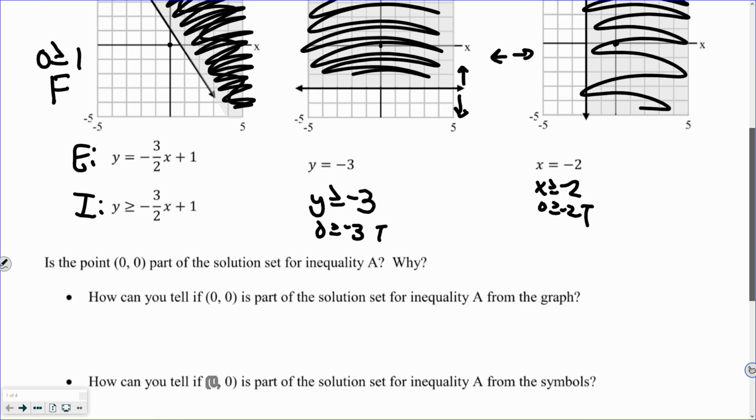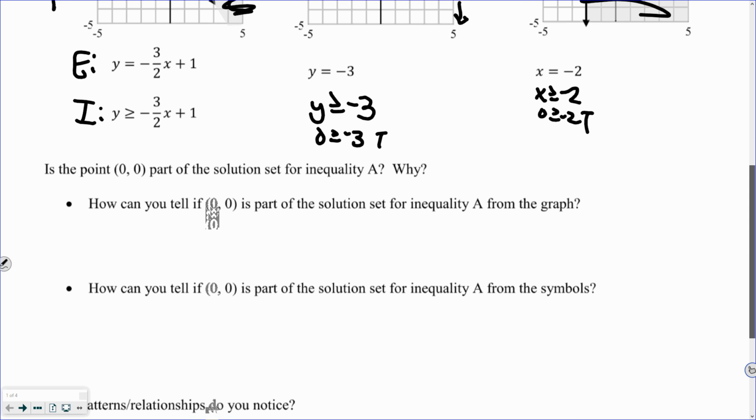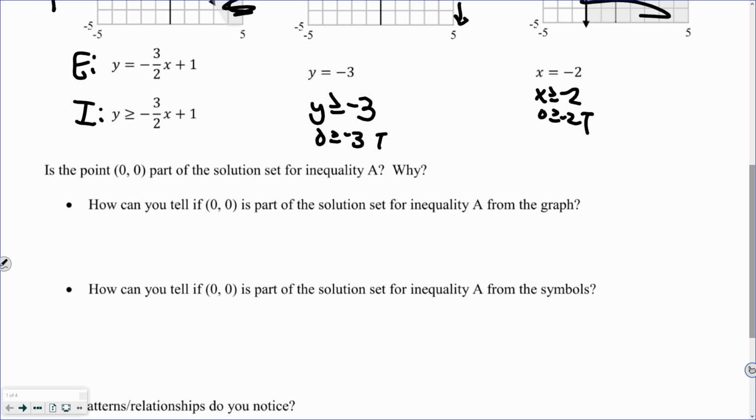All right. So it says, is the point 0, 0 part of the solution set for inequality A? No, it's not. And I just showed that to you. It's not in the shaded region. So again, how can you tell if 0, 0 is part of the solution set for the inequality?